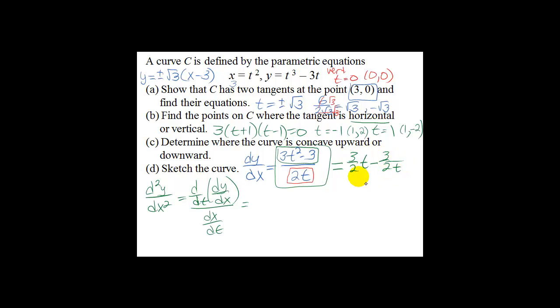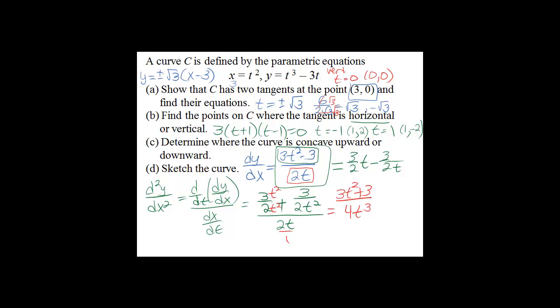So if we take a derivative here, we're going to have 3 over 2 minus 3 over 2t squared, but that'll become a plus, and then that's going to be over dx dt, which was 2t. Now to simplify this a little bit, we can make these both t squareds, and then we can take this and flip it over and multiply. So we're going to get 3t squared plus 3 over 4t cubed.